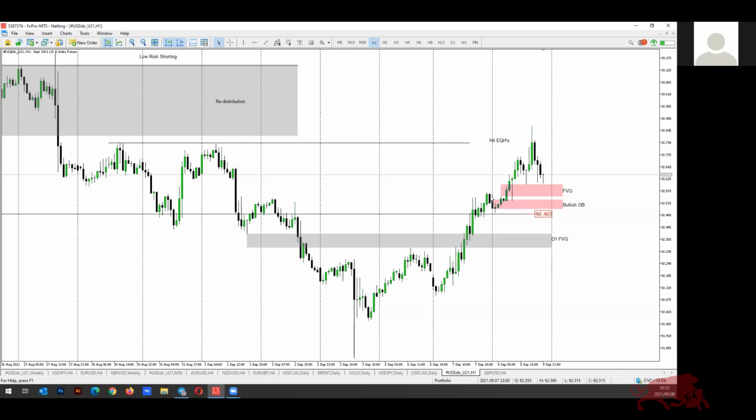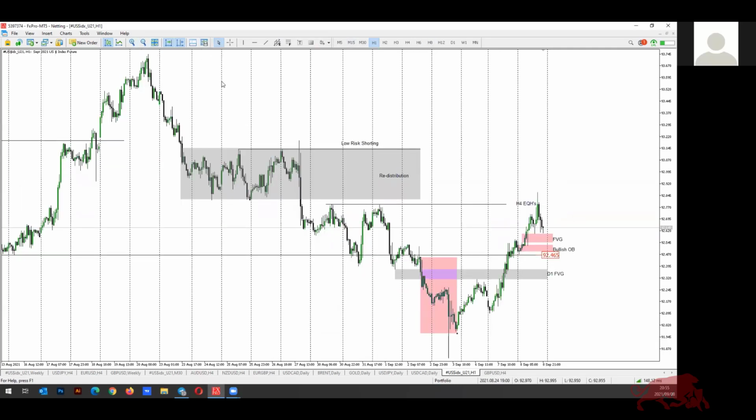Let's see. So this is Wednesday. Where's the beginning of the week? Wednesday, Tuesday, Monday. You can see this weakness that we saw from last week, Thursday and Friday, right? If you go back in the price action, Thursday, Wednesday, Tuesday, Monday, you can see again the weakness that I'm talking about.